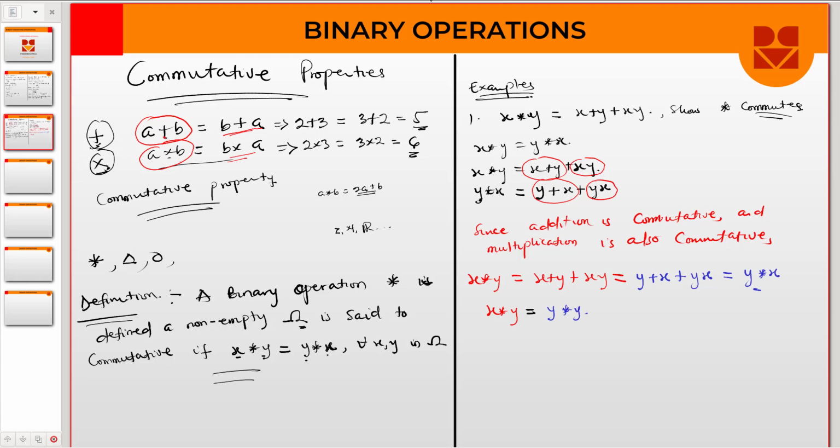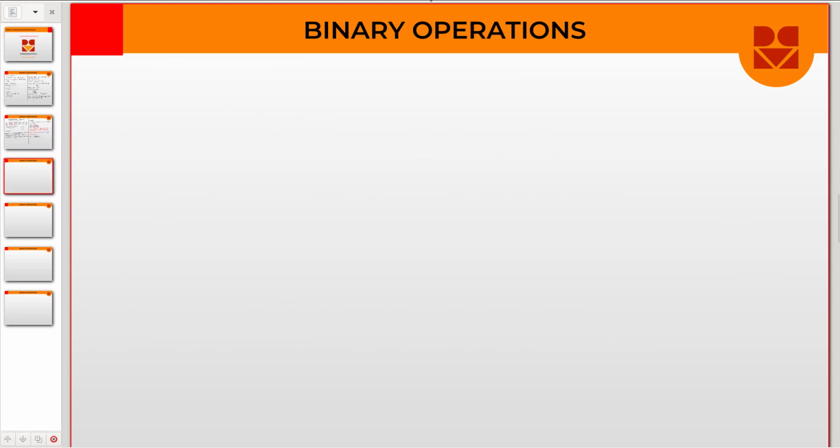Hence we can conclude that the operation star is commutative. So basically that's how we show, in a more general way, that a given binary operation is commutative. Now let's look at another example.